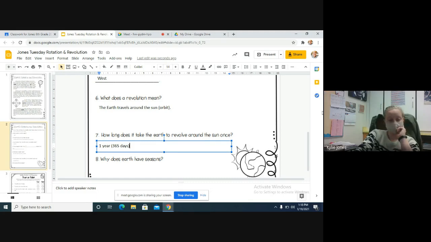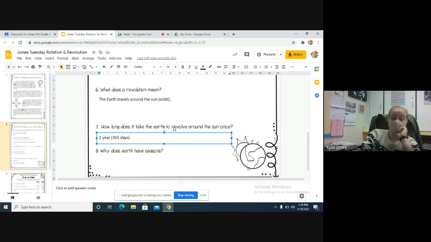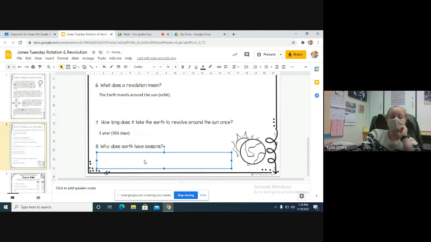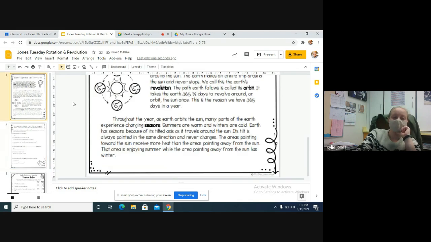Okay. So, number 8 is why does the Earth have seasons? And then if we go and read that last paragraph, throughout the year, the Earth orbits the sun, and many parts of the Earth experience the changing seasons. The Earth is orbiting around the sun, right? It's going around in circles around the sun.